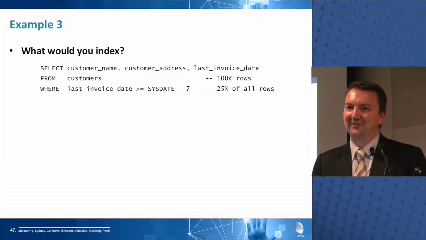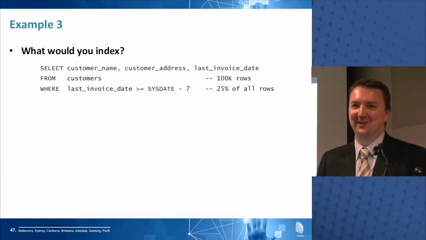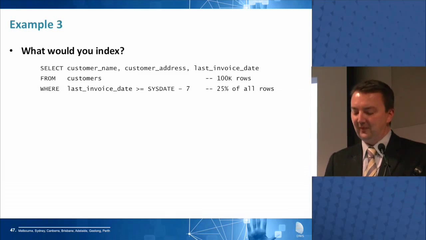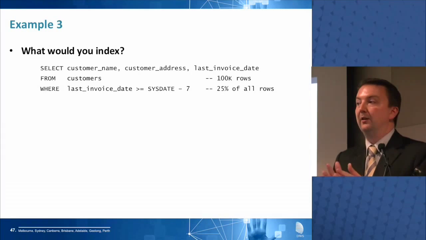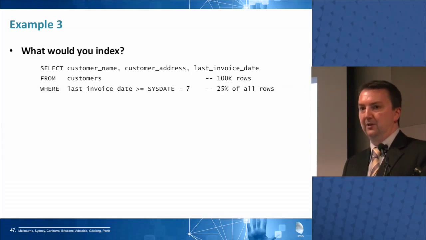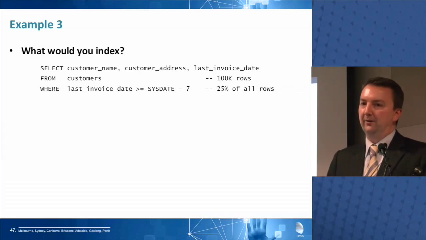Sorry, was there a question? Rule of thumb there. I hate rules of thumb, and you know that, which is why I asked the question. The rule of thumb that I give is that if it's more than 10%, I'd be very, very surprised if an index scan that also looks up the table is faster. More than 10%, I reckon a full table scan is always going to be faster.